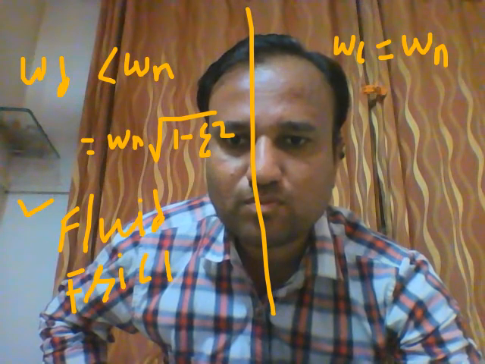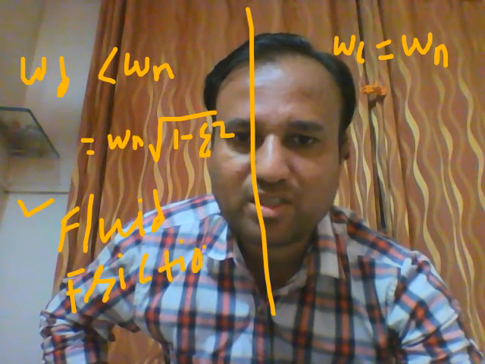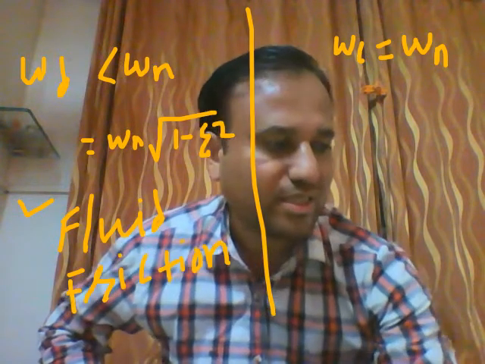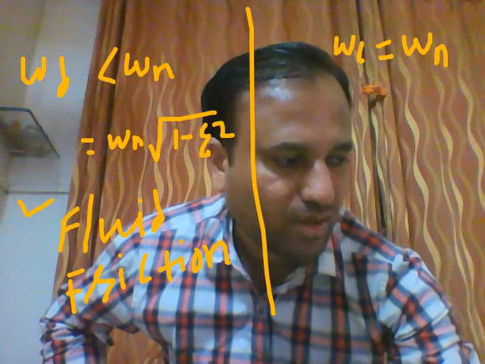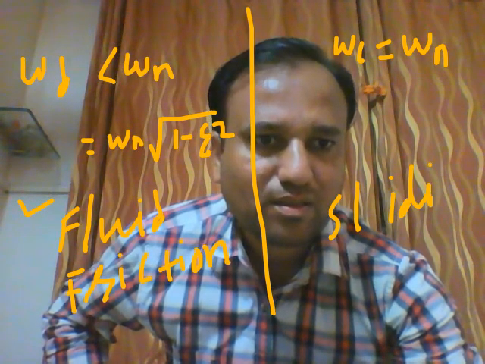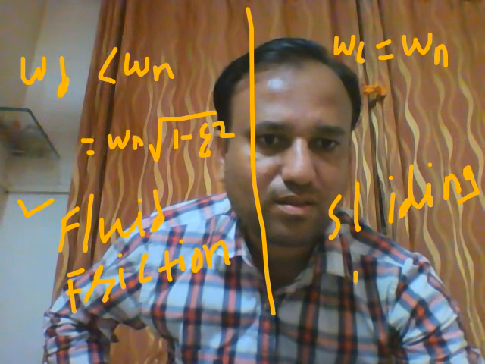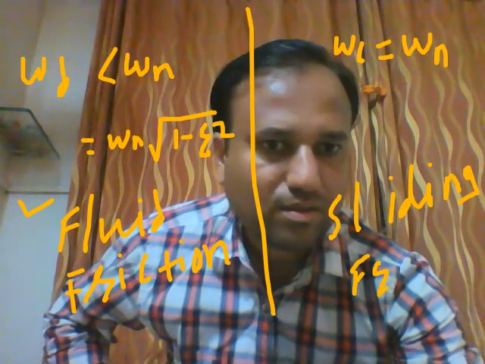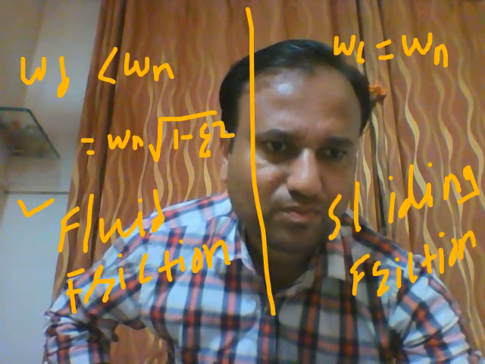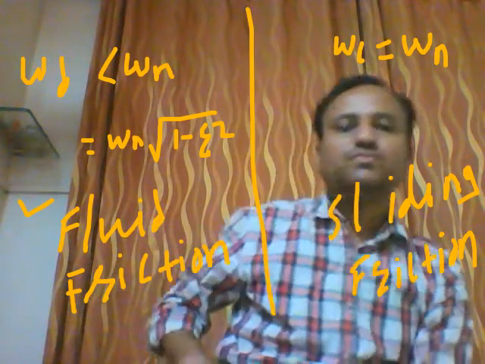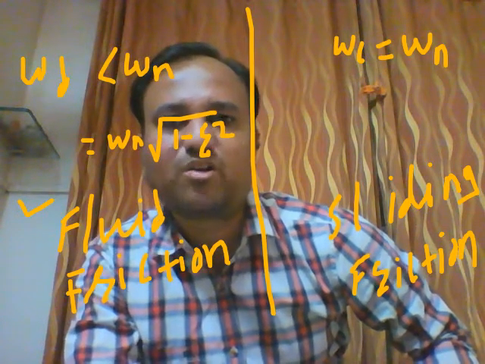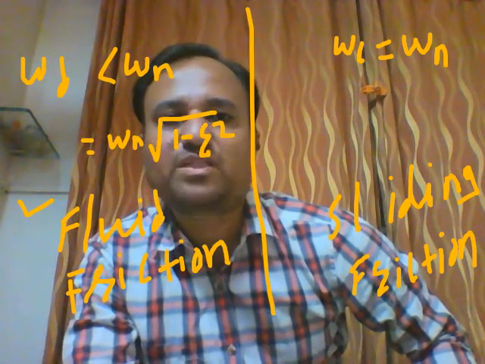Here, in Coulomb damping, there is energy dissipation due to contact friction or sliding friction, that is, due to sliding friction between two solids. So student, you have analyzed sufficient differentiating points between Coulomb and viscous damping.